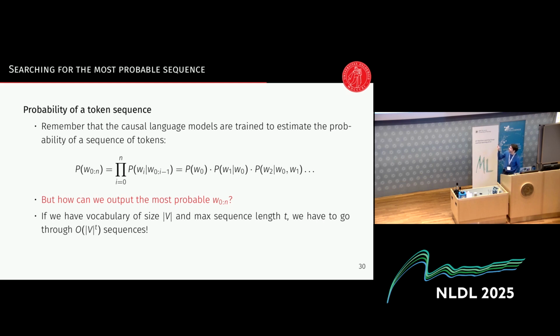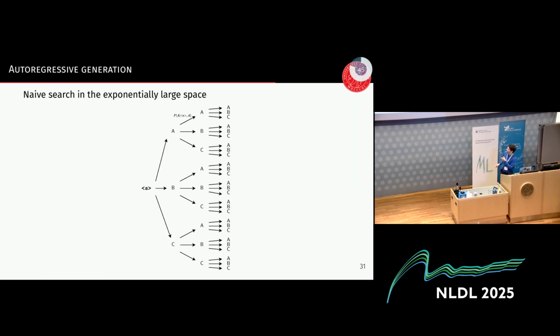Searching for the most probable sequence is very hard. It's exponential, so we can't really do it, so we simplify things a bit. Here you can see the problem. After the special token, we have 3 options for what can follow, if we have just 3 symbols in the alphabet again.